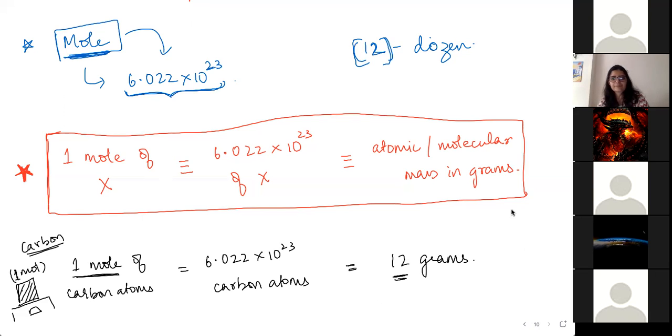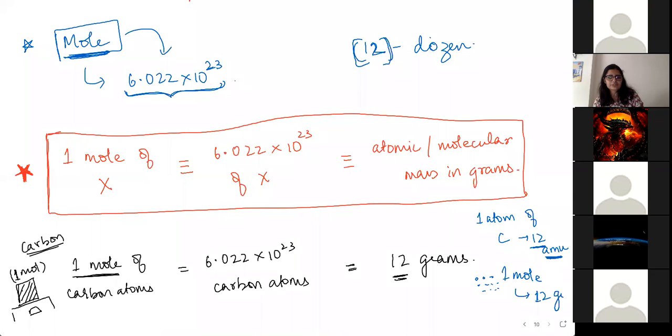Yes, ma'am, a little. So if I consider 1 atom of carbon, its mass is 12 AMU. 1 atom in grams is going to be very, very small, like 10 power minus 27 or 28 or something. So if you consider AMU, the number is 12. But if I have a lot of carbon atoms, like 1 mole of carbon atoms, then its mass will be, the number 12 will remain the same.